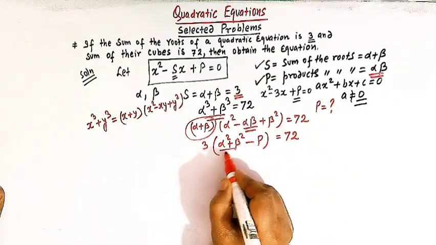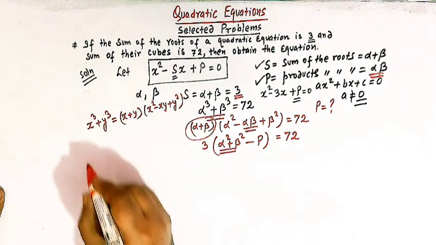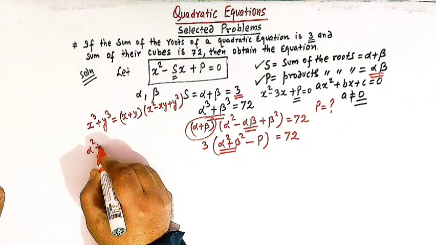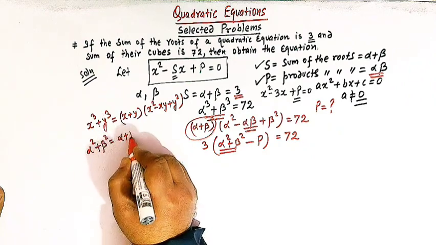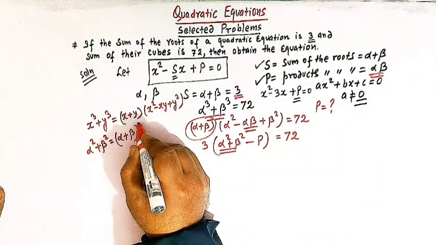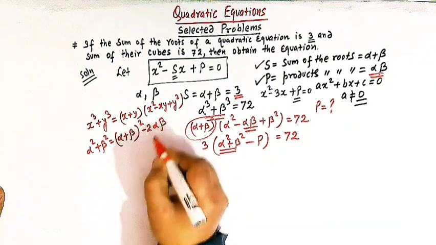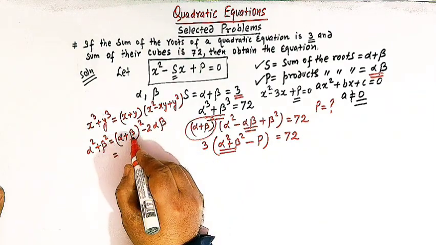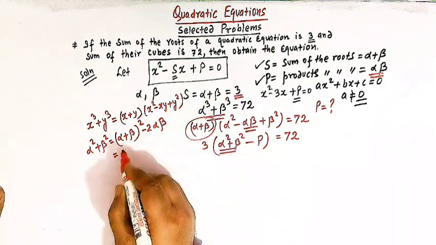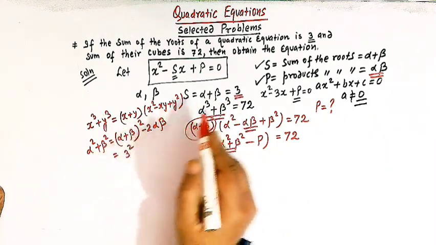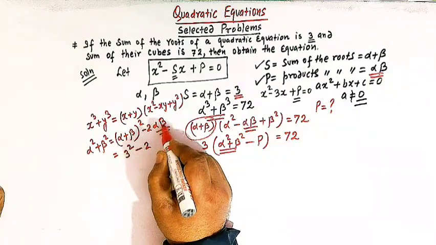Now we can easily find the value of alpha² + beta², because we know that alpha² + beta² is given by (alpha + beta)² - 2 alpha beta. Now (alpha + beta)² is 3², because alpha + beta is 3, and here we have 2 times alpha beta.